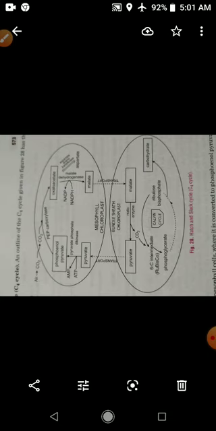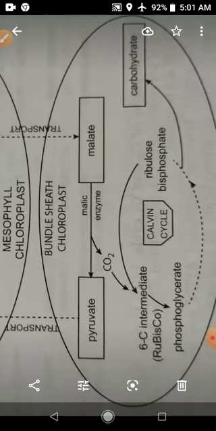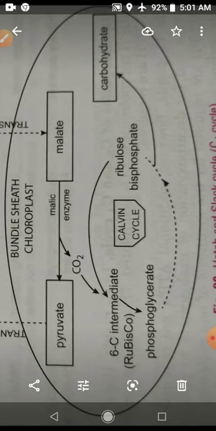As I told, in this cycle a 4 carbon dicarboxylic acid, oxaloacetic acid, is formed by the initial fixation of carbon dioxide. So you see, this C4 cycle is completed in mesophyll cells and bundle sheath cells.